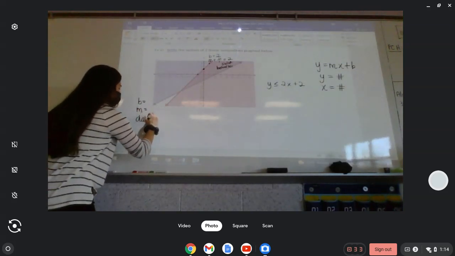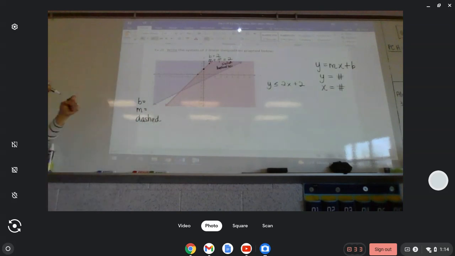Clearly it's dashed. We can all see that. As long as it is slanting, it's going to have a slope, it's going to have a y-intercept, and you should be writing an mx plus b.